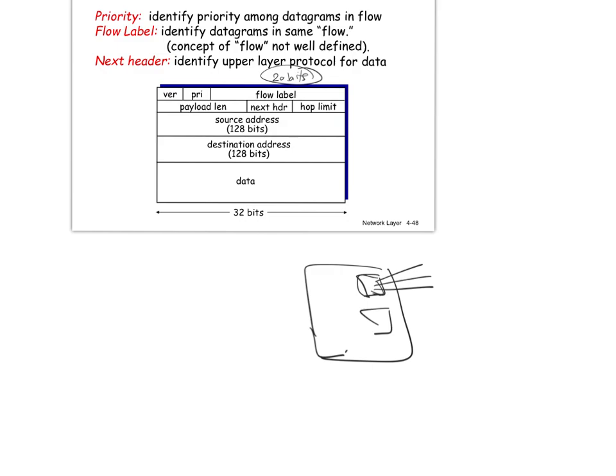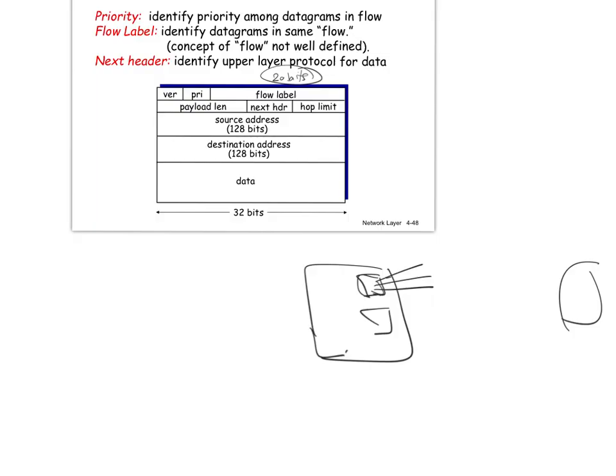So even if we are sending all this data from the same source to another destination, each of these is a series of segments that belong to the same source and the same destination with the same characteristics. Even if you change from video to audio to graphics, this is a different flow.